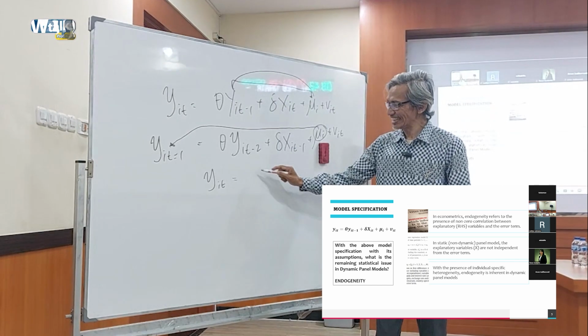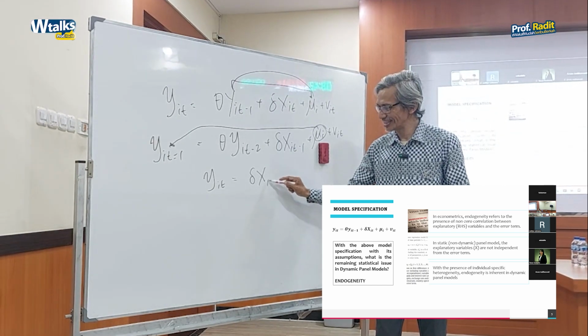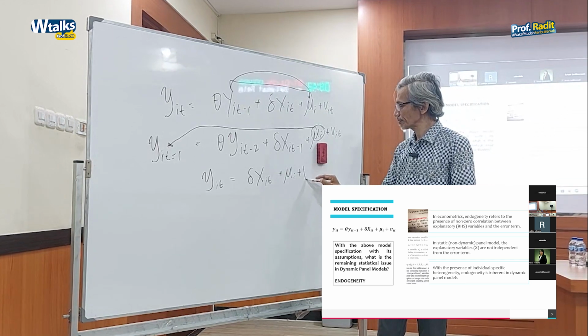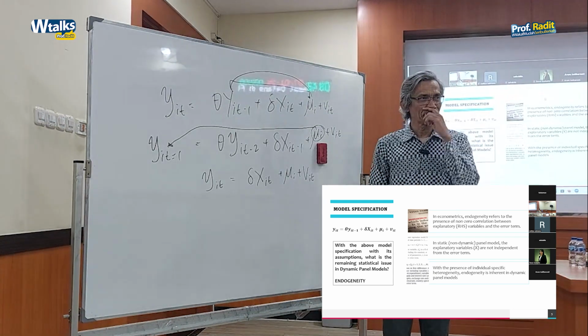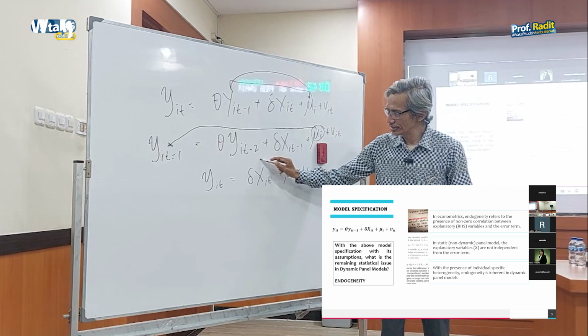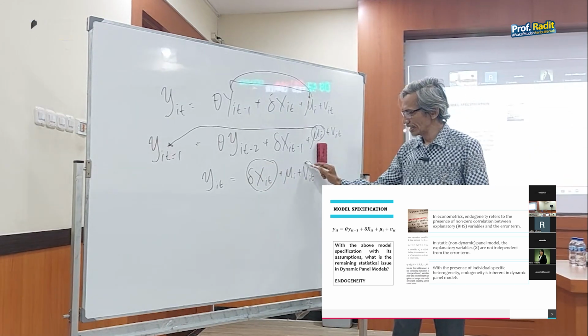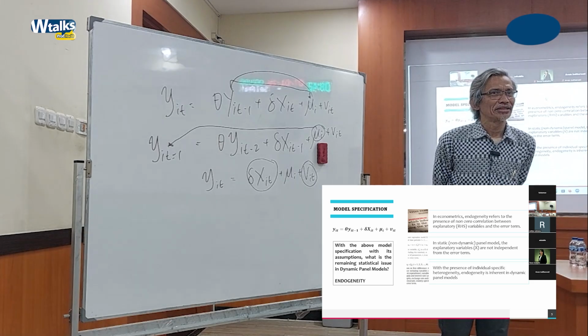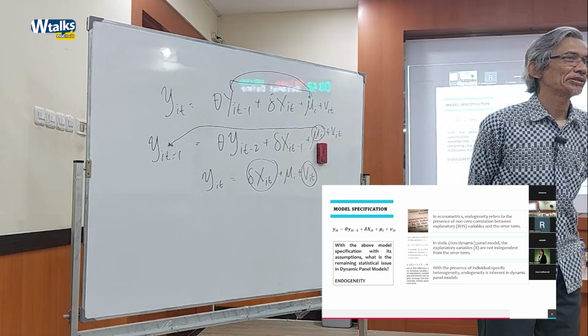When you have a static panel model like this, for example, let's say there's no dynamic. If there exists correlation between x and the error term, what estimation do you use?